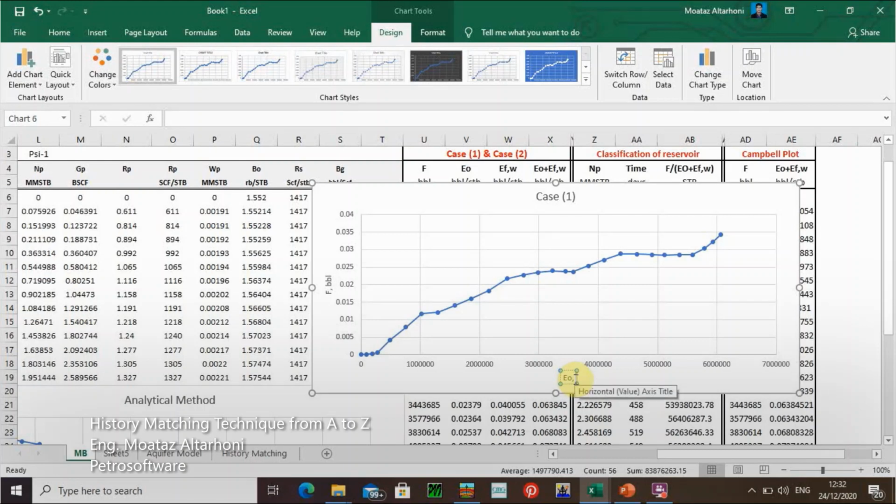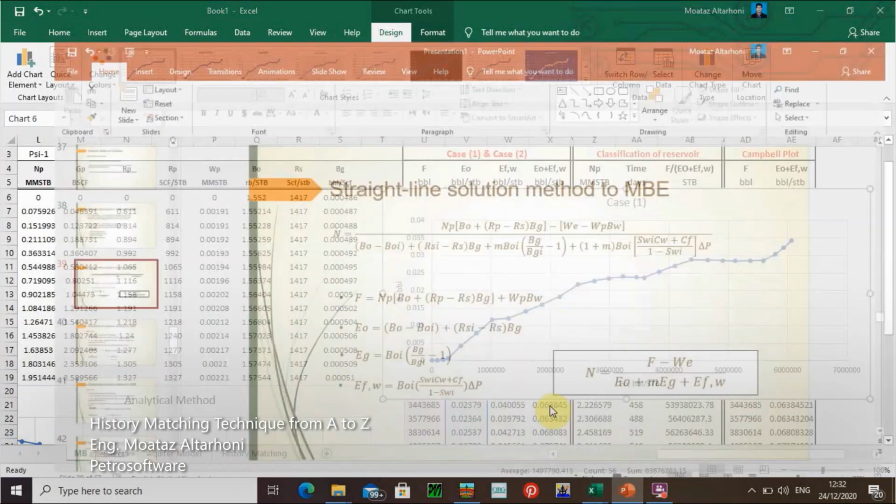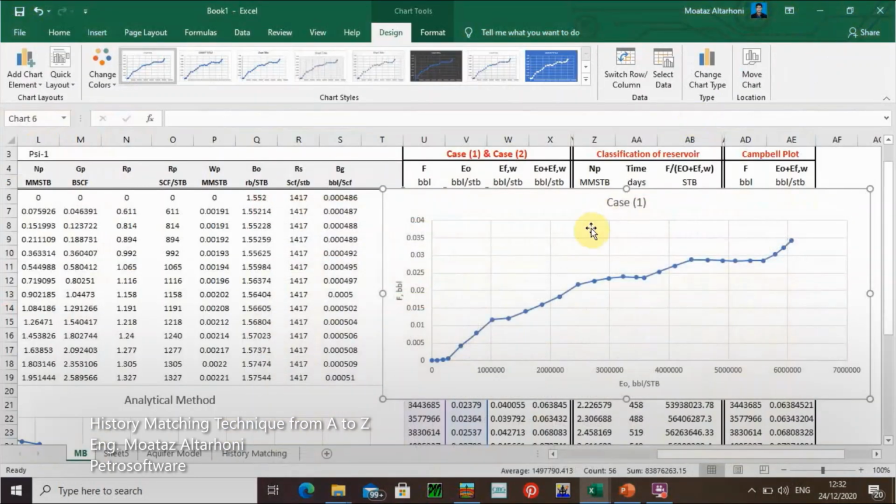Notes here: the value of original place will be equal to the stock tank barrel, because in this case when I divide to calculate the original place, F divided by epsilon O, so F in barrel and epsilon O barrel per stock tank barrel, so barrel will be cancelled with barrel and stock tank barrel will be the unit for our original oil place.